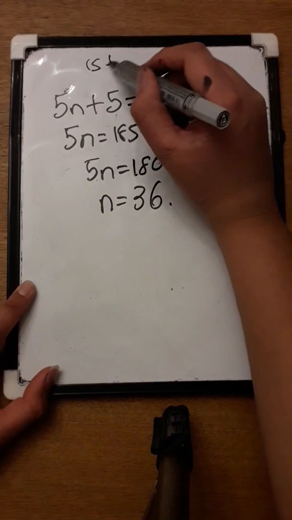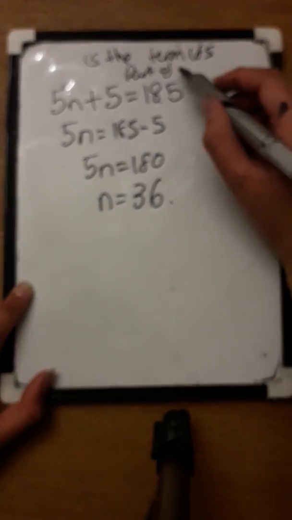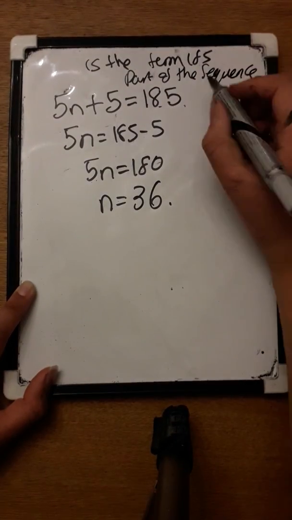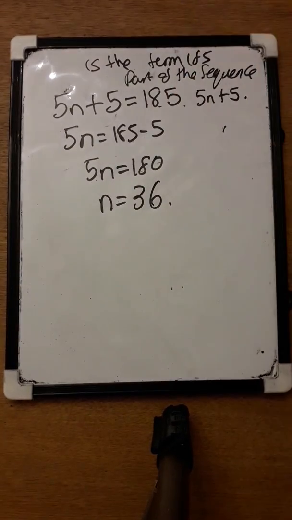So the example may ask you, is the term 185 part of the sequence 5n plus 5? Okay, so what I simply do is make 5n plus 5 equal to 185, as I've done here, which is step 1.